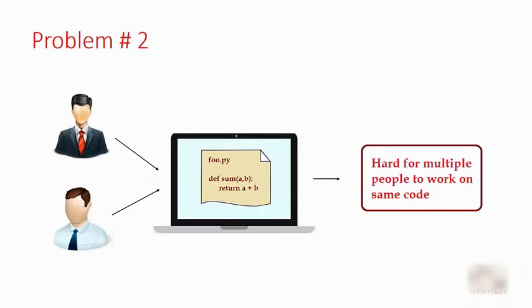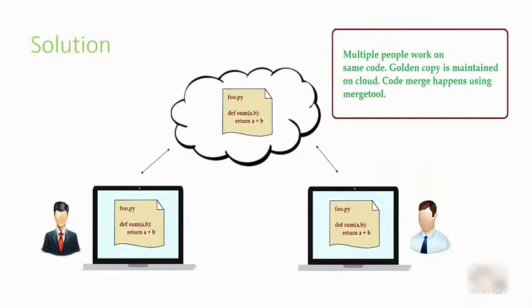Problem number two, multiple people contributing to the same code base. Again, you have your golden copy of your code on the cloud so that these two people can work on their individual computers, and then whenever they are ready to push their changes, they will push it to the cloud.